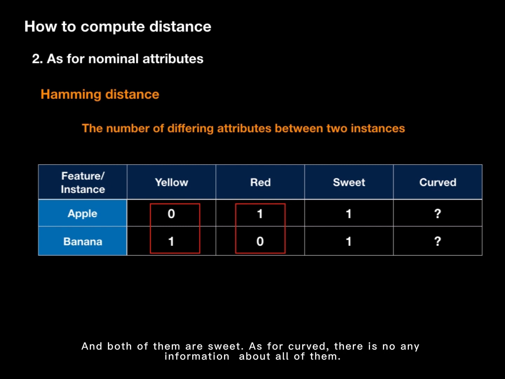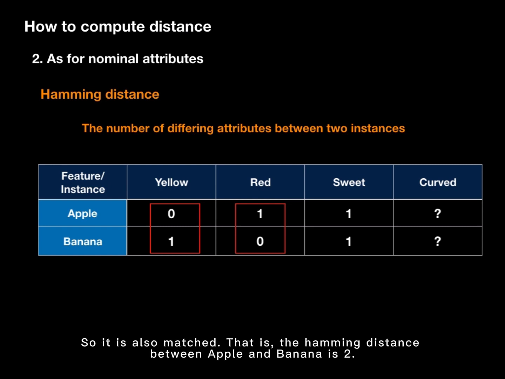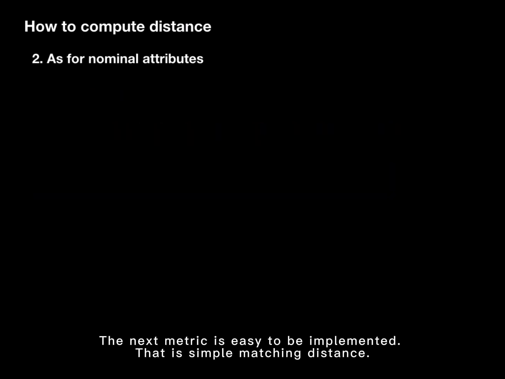As for curved, there's no information about either of them, so it is also matched. That is, the Hamming distance between apple and banana is 2. The next metric is also easy to implement. That is simple matching distance.